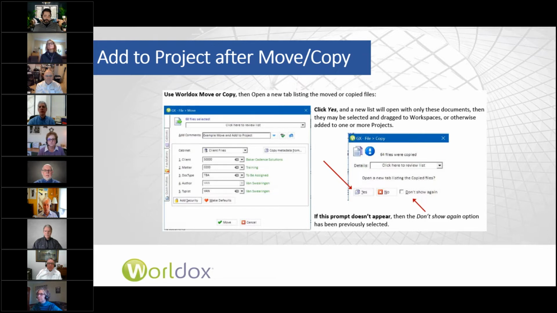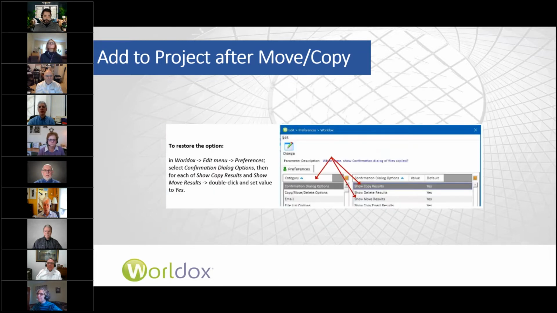And you can go to the next slide then, Rebecca. Here, if you want to put that option back, so you have the ability to open the moved or copied documents in a new list, you just go to the Worldox Edit menu at the top, Preferences, Confirmation Dialog Options as you see here, and change both Show Copy Results and Show Move Results if you want that pop-up.